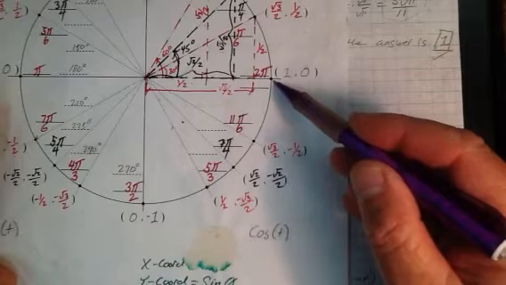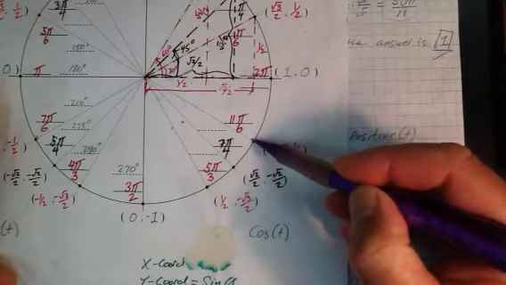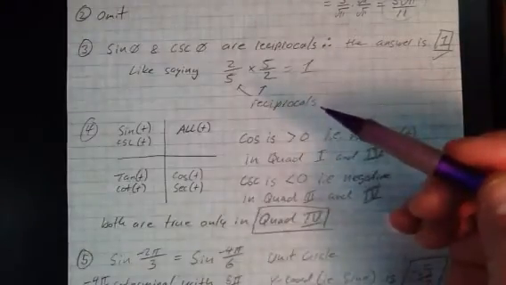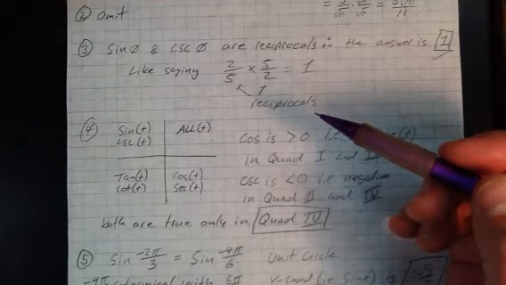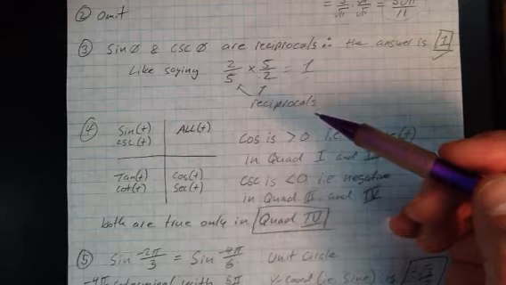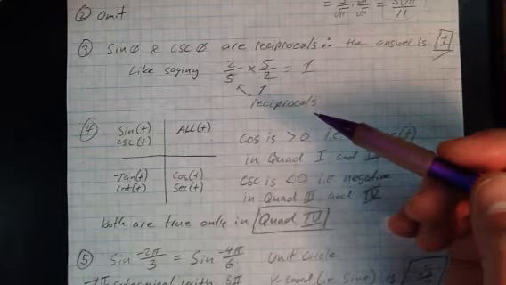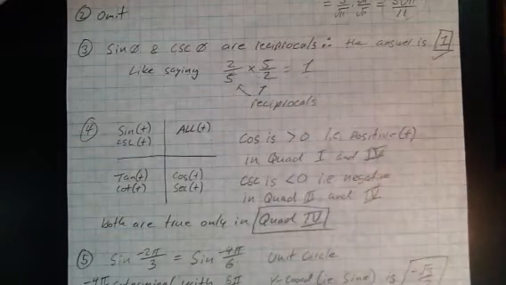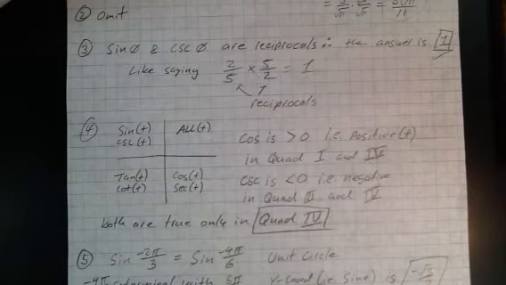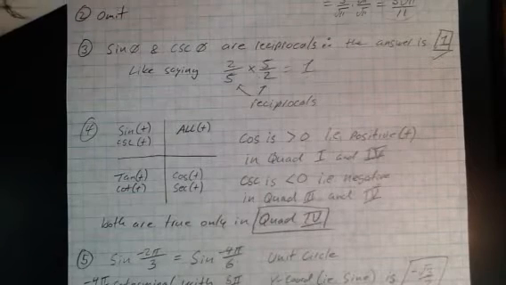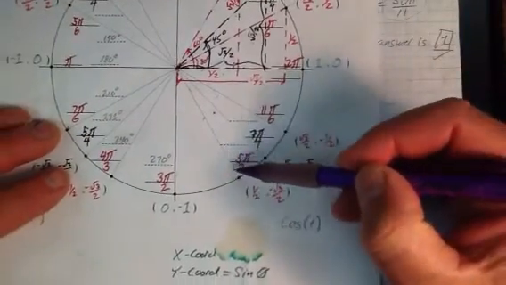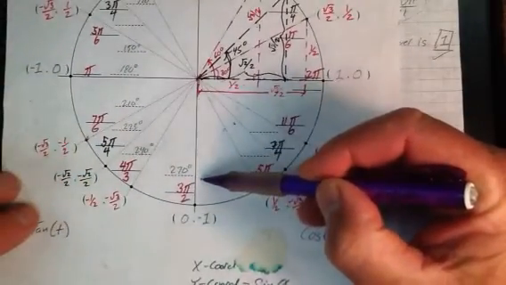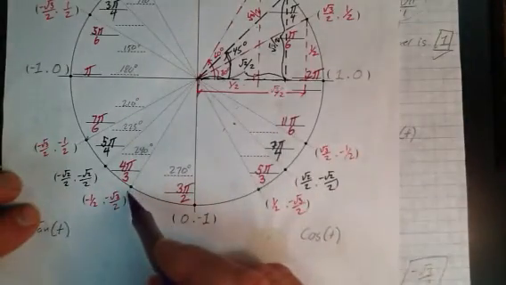Okay, what are we doing? 2 pi, negative 4 pi. I think I might have a mistake here. We need to go 4. 1, 2, 3, 4. We're cool.